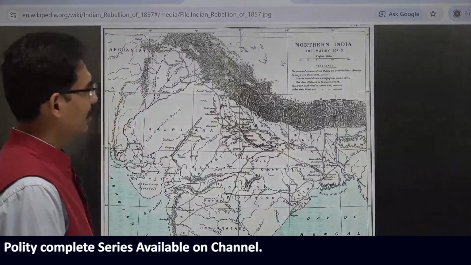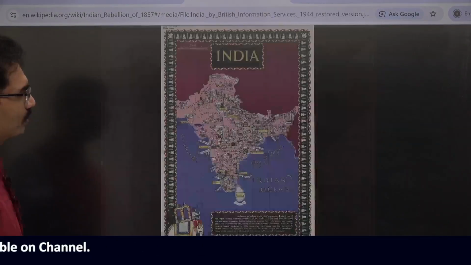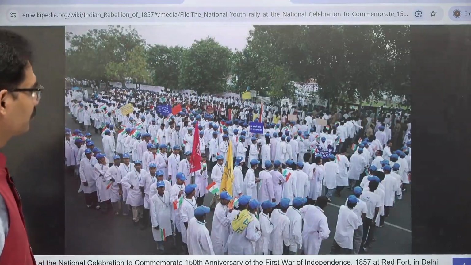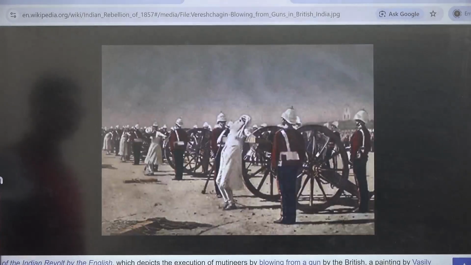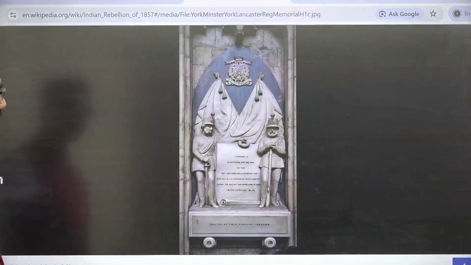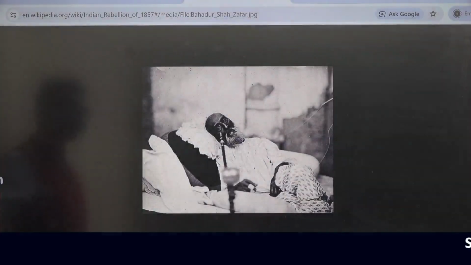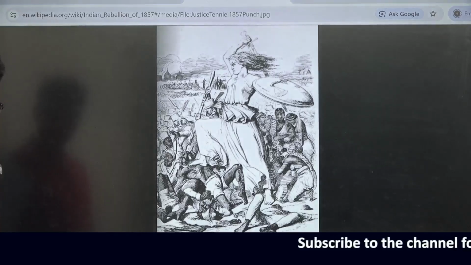The 1857 revolt. Identify some of the images that belong to 1857. Identify this. Hanging. This is how Indians were punished by the British. It has literally shaken the British at that particular point of time. Bahadur Shah, he was the last Mughal emperor.